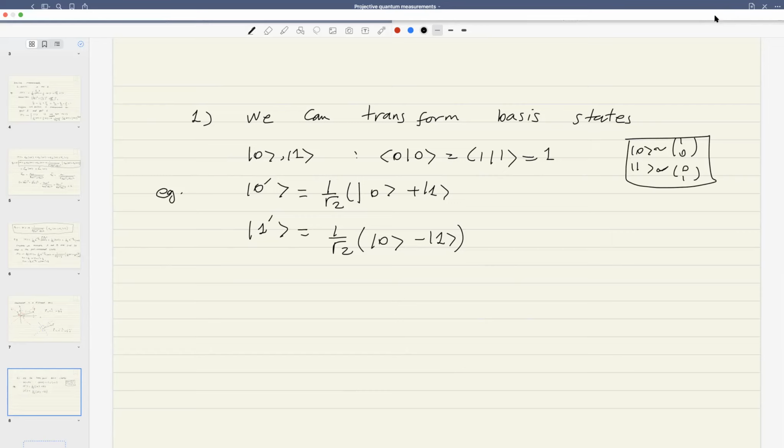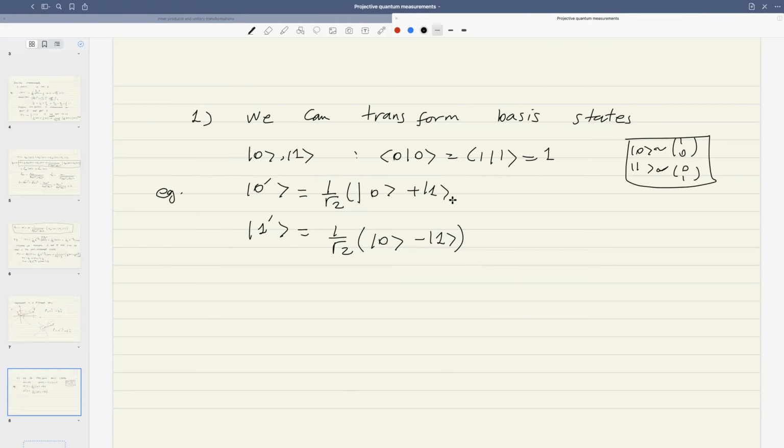And also, of course, then the inner product of 0 with 1 is 0. They're orthogonal. So here, let's represent these in the same basis. So this is going to be (1 over square root 2, 1 over square root 2). So it's clearly normalized. So 0 prime with 0 prime is 1. That's fine. This is going to be (1 over square root 2, minus 1 over square root 2). Again, 1 prime with 1 prime is 1.